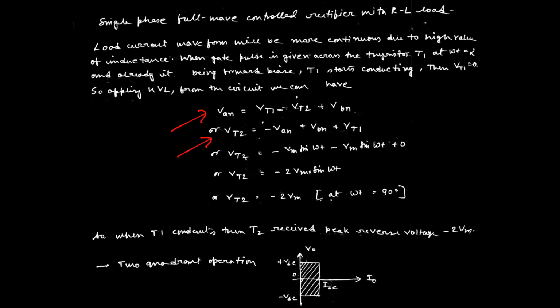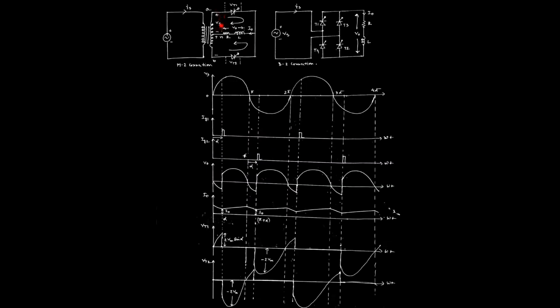Now, after simplification, we have VT2 equal to minus Vm sin omega t plus 0. Why? Because during the positive half cycle, the voltage appearing across VAN is equal to Vm sin omega t, and the lower part is again Vm sin omega t. As it is a center tap transformer, the voltage appearing across the upper part and lower part will both be the same.